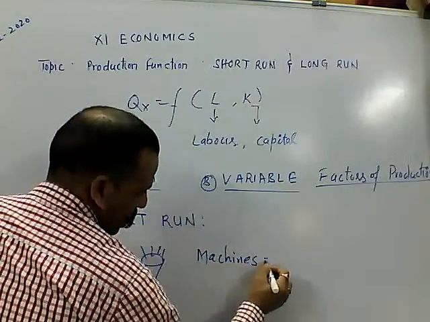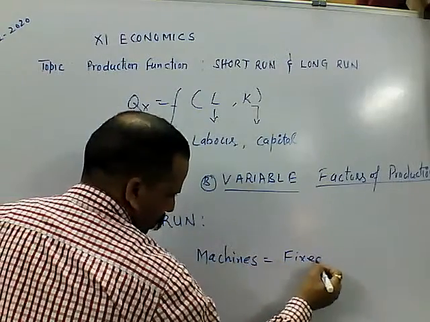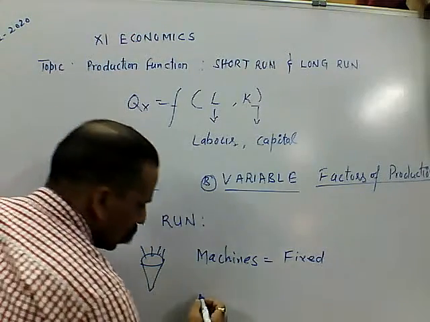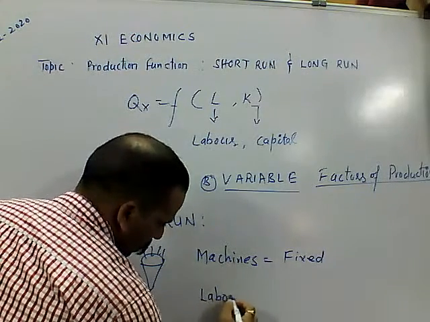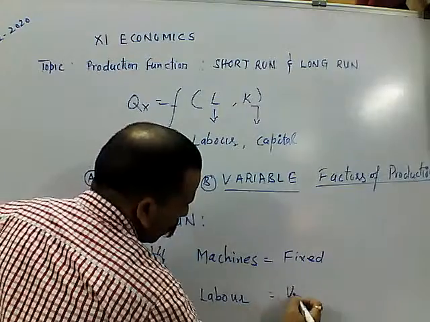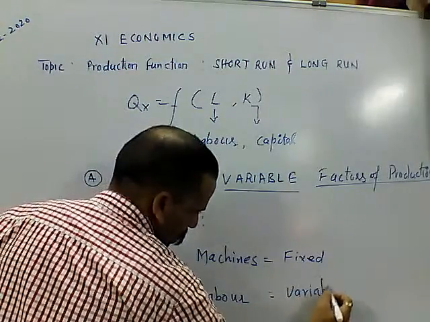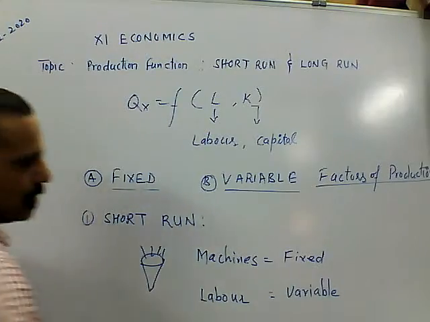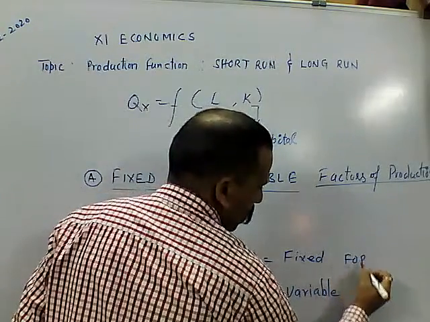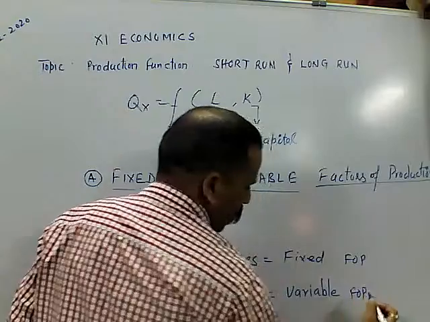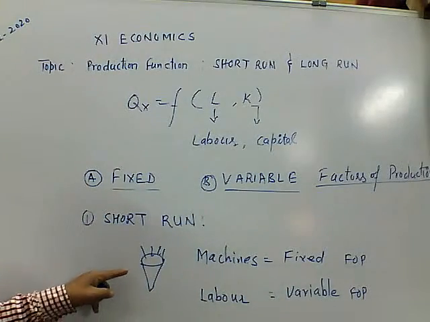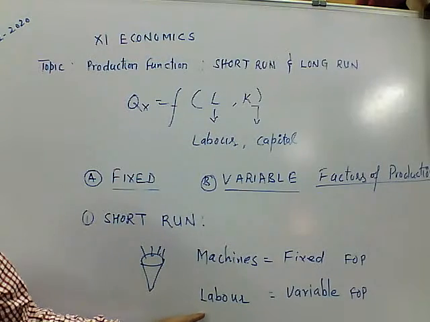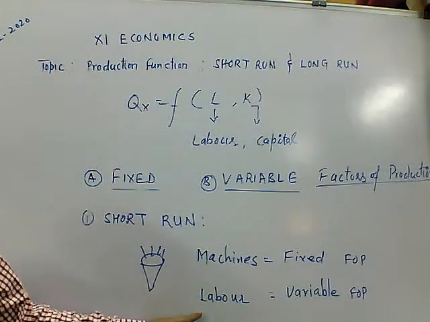And you are also using labor. So labor is your variable factor of production. FOP means factor of production. To produce ice cream, on the one hand you have to take the help of machines, on the other hand the help of labor.